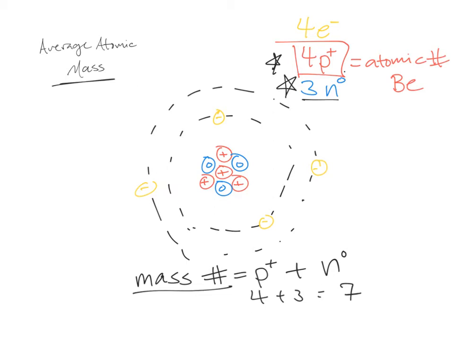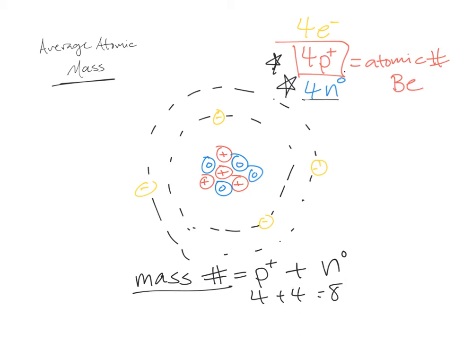But the crazy thing about atoms is that sometimes they'll have more or less neutrons. So, for example, this atom could have had 4 neutrons. So instead of 3, over here I'm going to have a 4. And instead of a mass number of 7, I might have a mass number of 8.